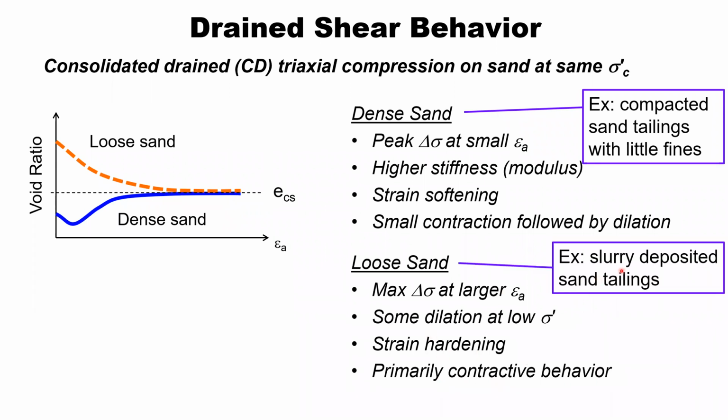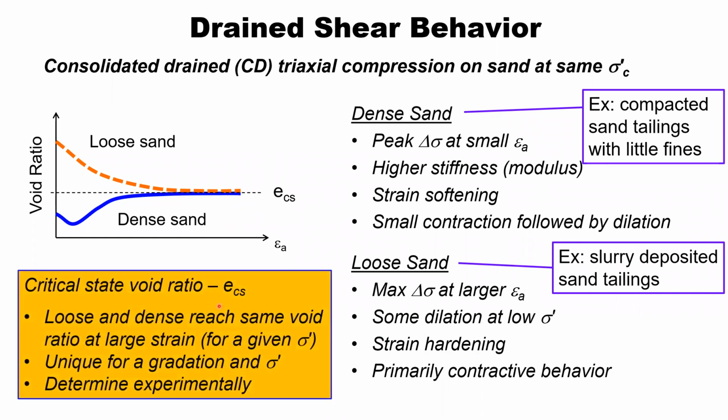This would be the sort of behavior that we would expect to see in a slurry deposited sand or silt tailings. Now, this critical void ratio is the void ratio that both the loose and the dense sample ended up at after large strain. This critical state void ratio is unique for a given gradation and effective stress, and we're going to determine this experimentally.